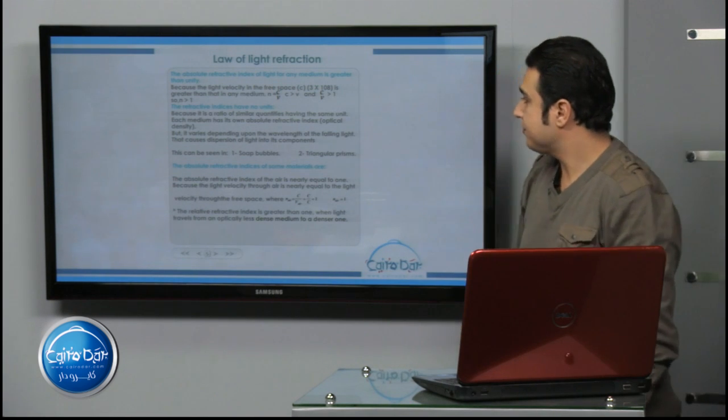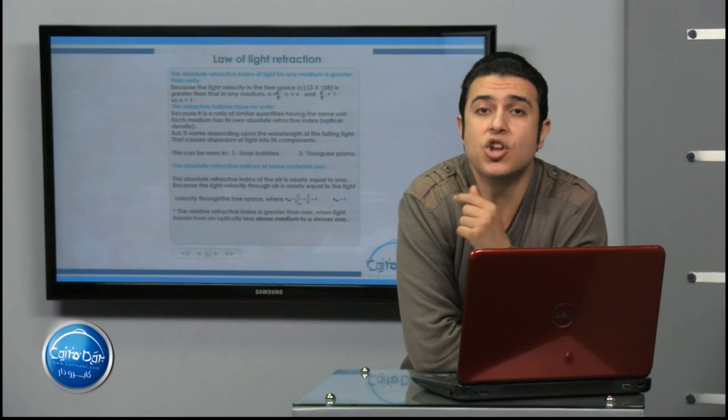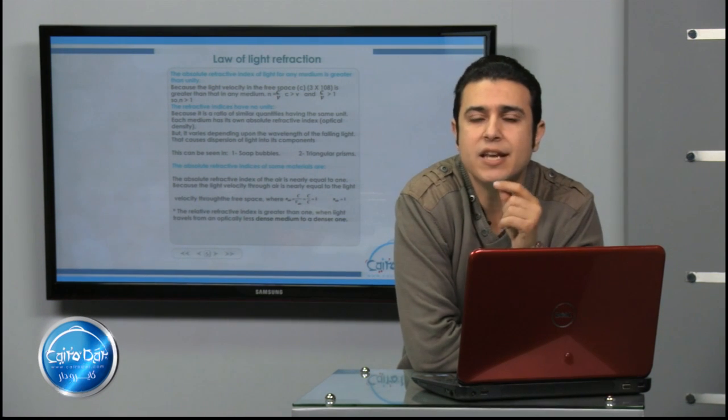What about the absolute refractive indices of some materials? The absolute refractive index of air is nearly equal to 1. Why? Because the light velocity in free space is nearly equal to the light velocity in air.